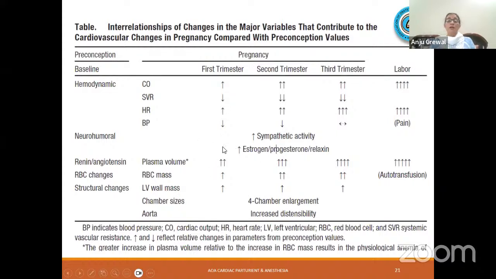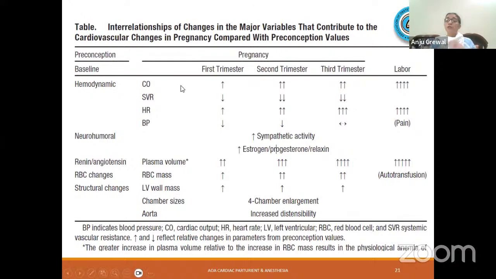There is a placenta that needs to be supported, and there is a fetoplacental unit, and therefore the plasma volume is one of the major drivers for increasing the cardiac output, right? As the plasma volume increases, the cardiac output increases across the 3 trimesters, up to 50%, and peaks at 32 weeks. But when the mother goes into labor, there is an additional 50 to 80% increase in the cardiac output that we witness with each contraction.